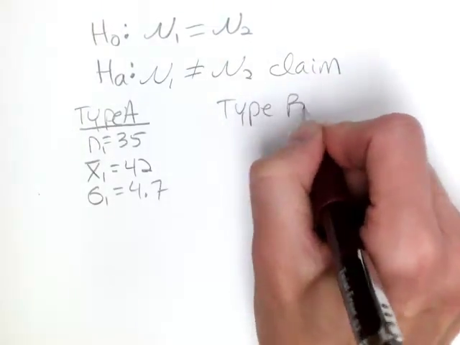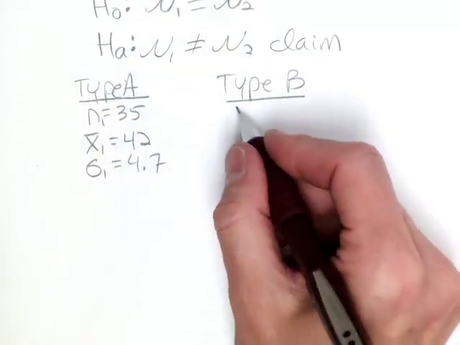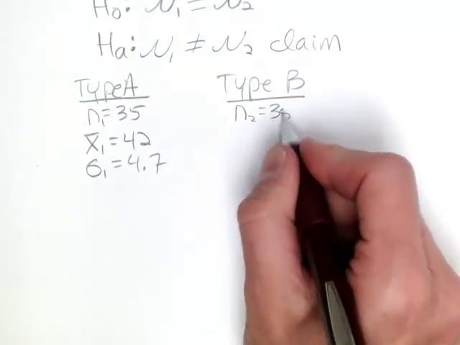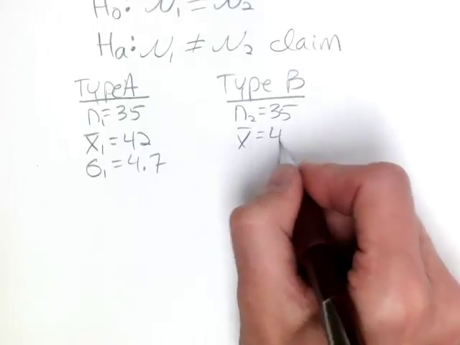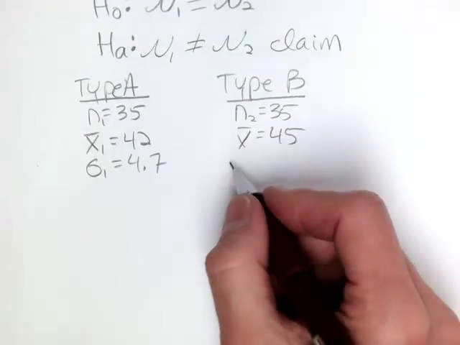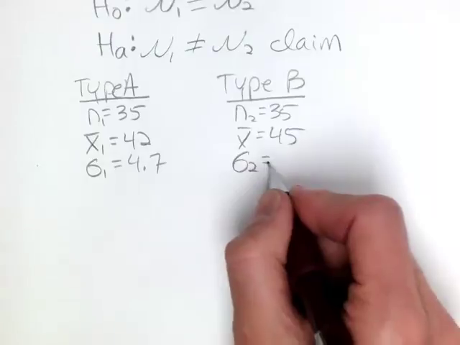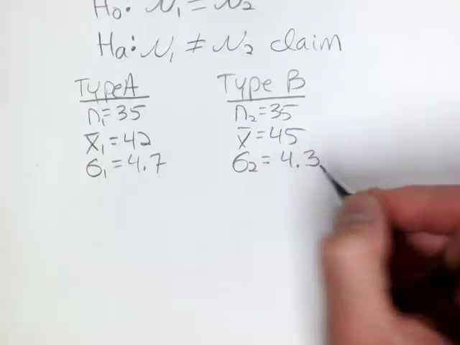For type B, the sample size was also 35, the sample mean was 45, and we're assuming the population standard deviation is 4.3.